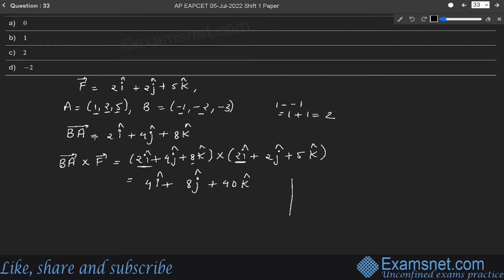So the points for BA vector are 2, 4 and 8. This is i, this is j, and this is k. And the points for F are 2, 2 and 5.